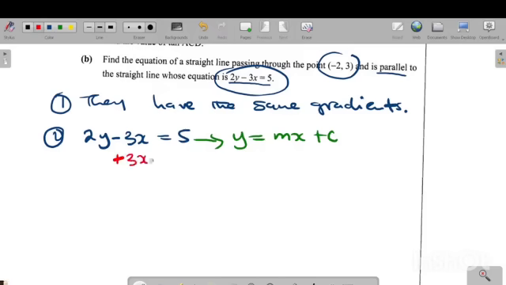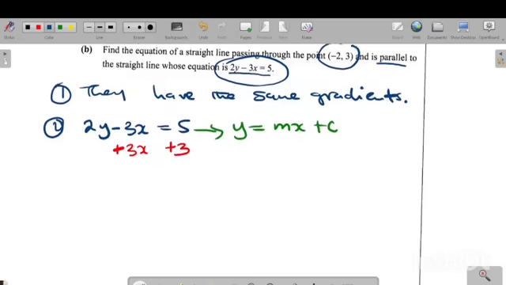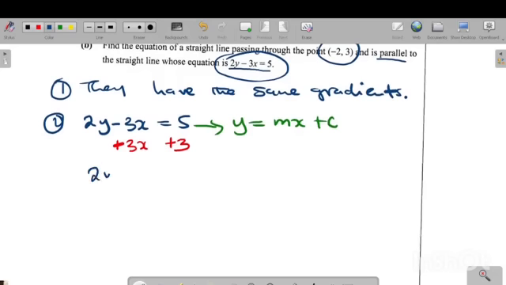So what we've done on the left of this equation, we also do it on the right, so that the equation remains balanced. Negative 3x plus 3x becomes a 0. What is going to remain is 2y is equal to 3x plus 5.